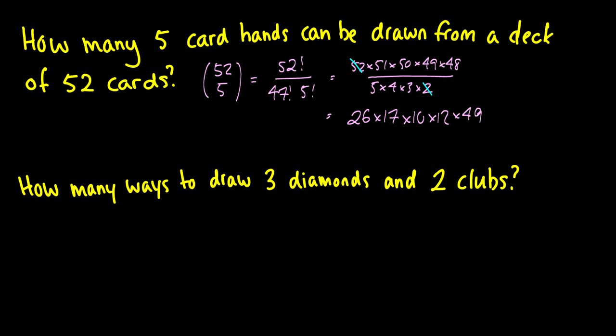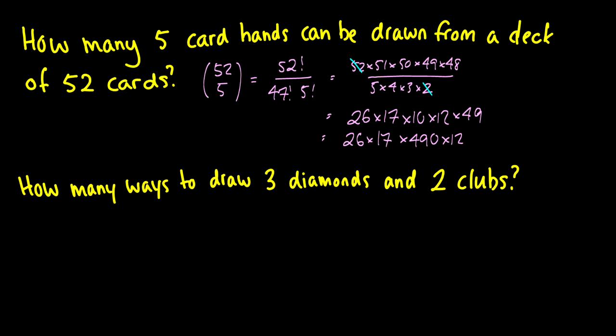Of course, I still don't want to do this by hand, so we'll leave the answer like that, and that's basically the best you can simplify it without a calculator, unless you're really, really crazy and want to figure out what 490 times 12 is, then multiply that by 17, then 26. So, I don't think anyone wants to do that. We'll leave it at that.